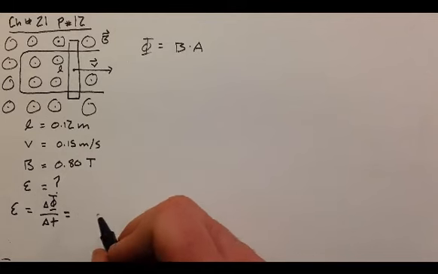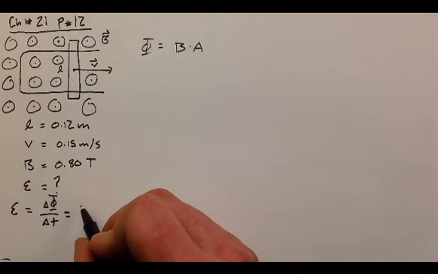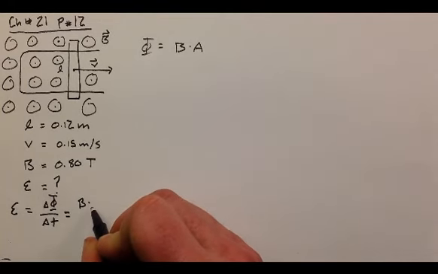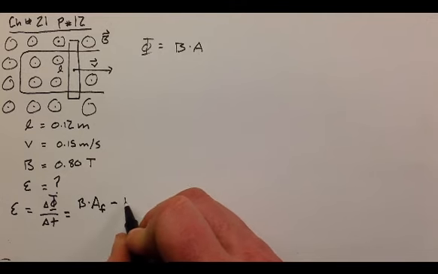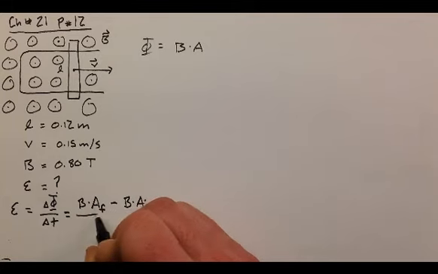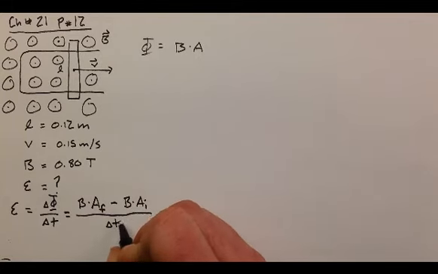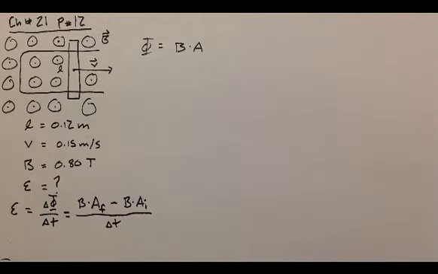Change in flux is final flux minus initial flux, so I'm going to write this as magnetic field times the final area minus magnetic field times the initial area. Over time, the area that the loop is enclosing is increasing.